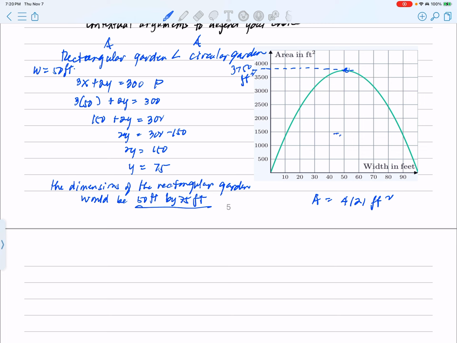Okay, let's summarize the whole thing in this lesson that we have. When modeling real-world contexts, we want to remember that models are not perfect, but they provide an opportunity for us to interpret the world around us.